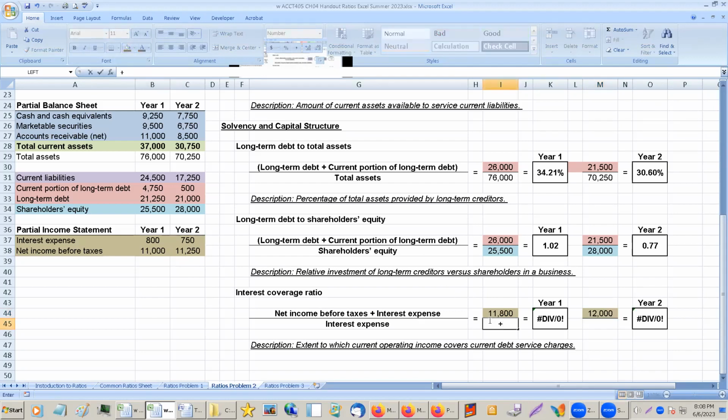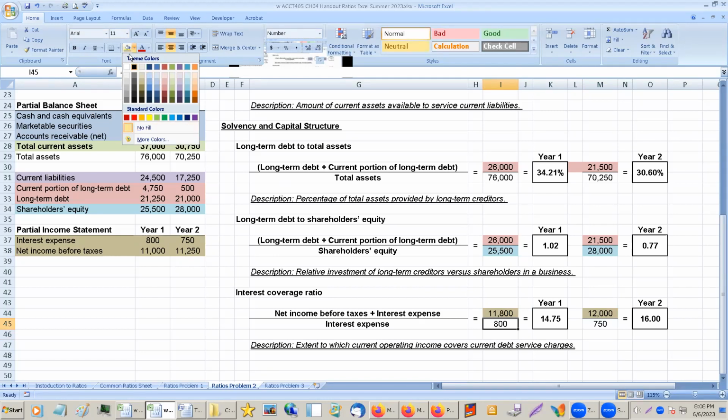And we are going to divide this by the interest expense. And now I'm regretting using the same color for those two.